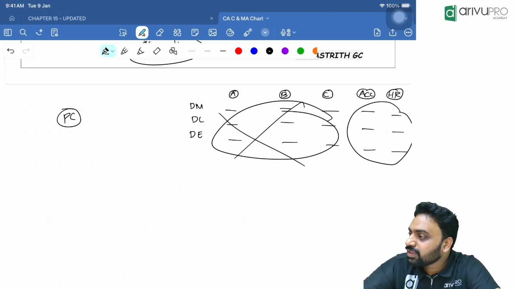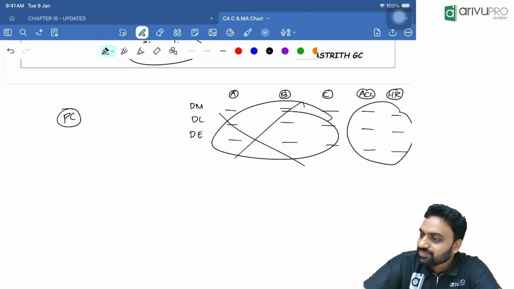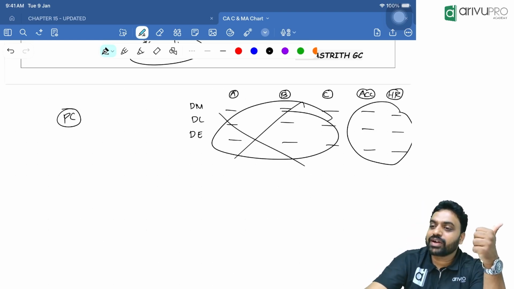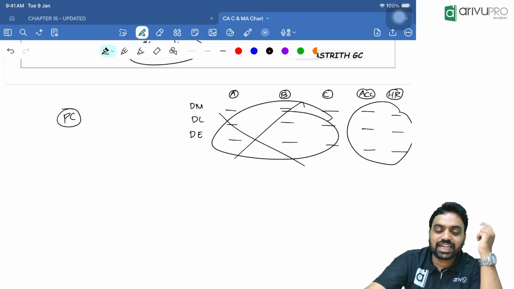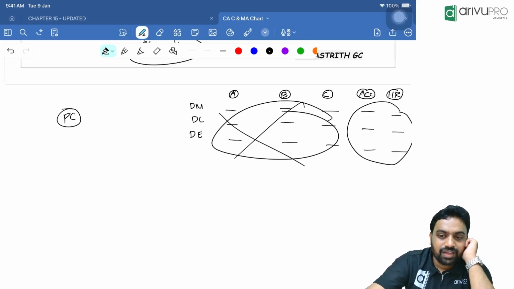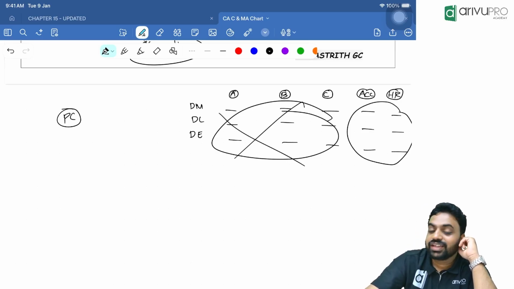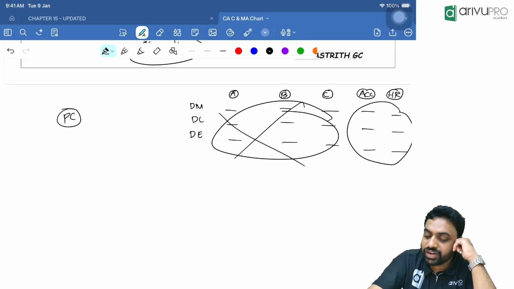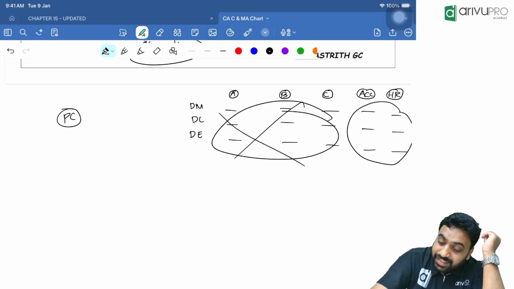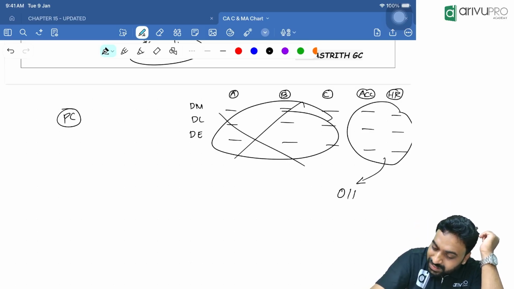In service department, what final product is there? In accounts department, what final product is there? In HR department, what final product is there? Max to max HR department's final product is Rangoli. Can you charge it on that? No, right? That means you cannot charge it to the final product in case of service department. That means for service department, it's overhead only.